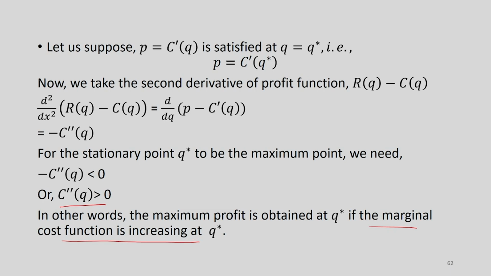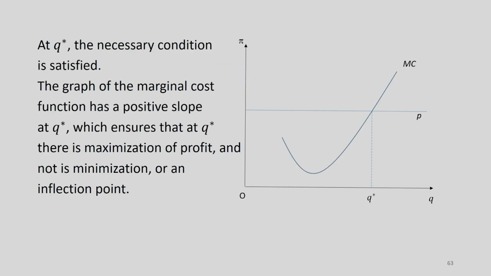This is the second order condition, and p is equal to c dash q star is the necessary condition. This was the diagrammatic exposition of these two conditions, and at this point both these conditions are satisfied.